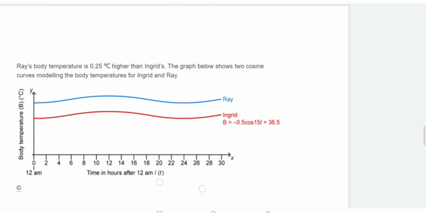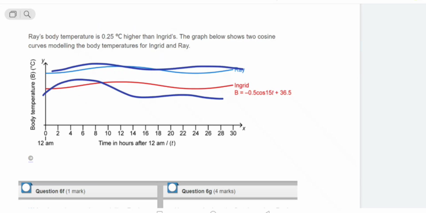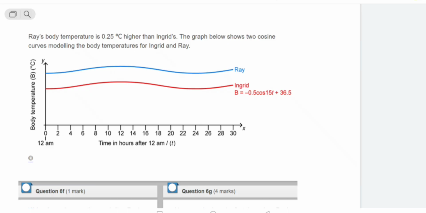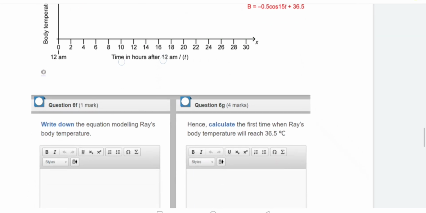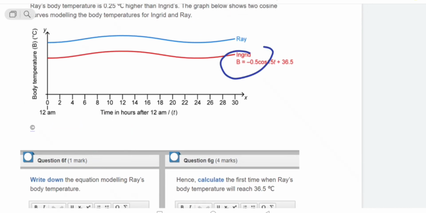In the next question, the raised body temperature is 0.25 degrees higher than Ingred's. So this is the raised one, of course it is higher, and this is the lower one. The graph below shows two cosine curves modeling them. They are asking to write the equation of the raised body temperature. It's very simple, because we know Ingred's body temperature equation.